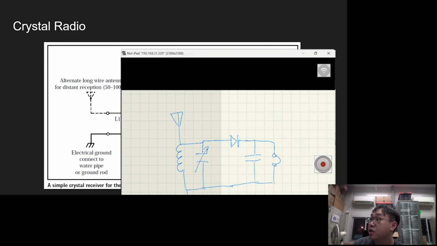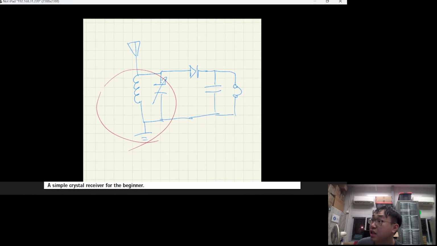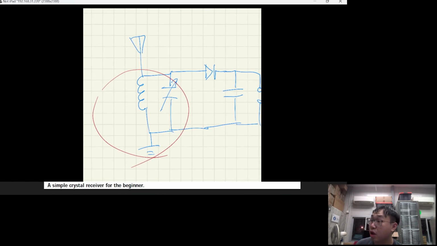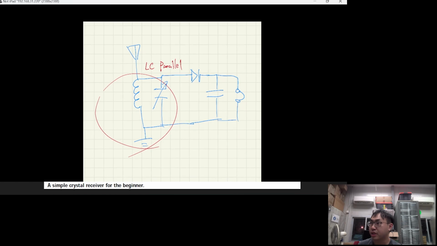So I have to do some revision first. You can see this part. If you have already started your revision, you already know this is called an LC parallel circuit. So what is the characteristic of it?